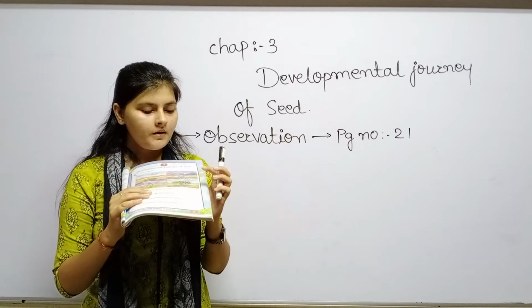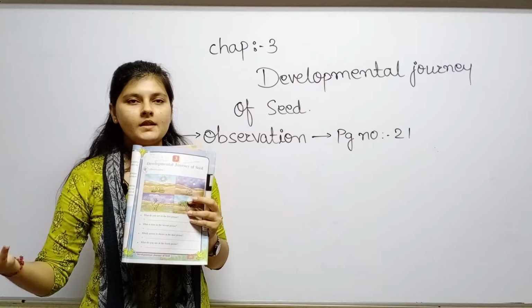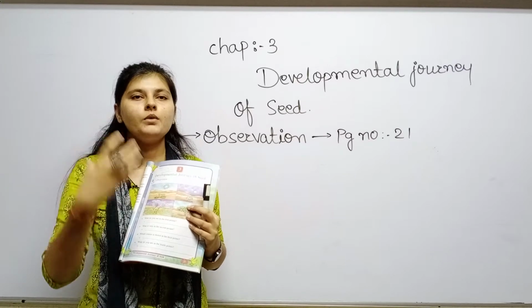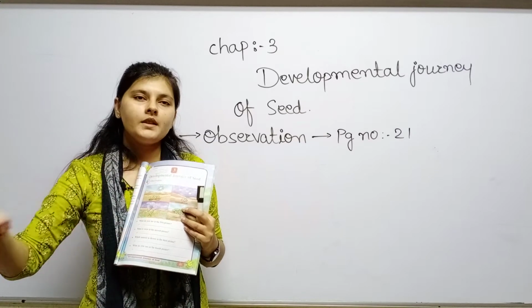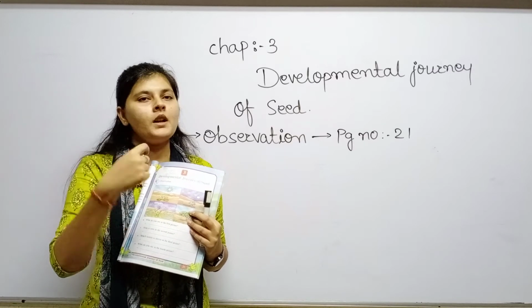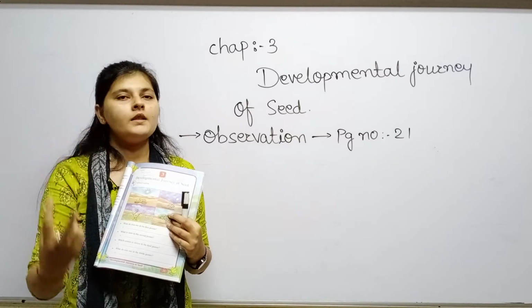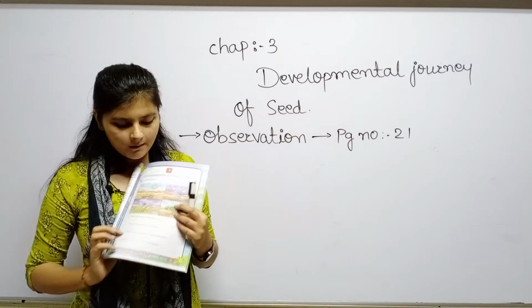And now in chapter number 3 you have to learn the types of seeds, right? आपको जैसे पता चला that what factors, कौन से ऐसे फैक्टर्स हैं जिससे सीड ग्रो होता है जल्दी से. Like we now know that the seed needs proper sunlight and it needs proper water, right?